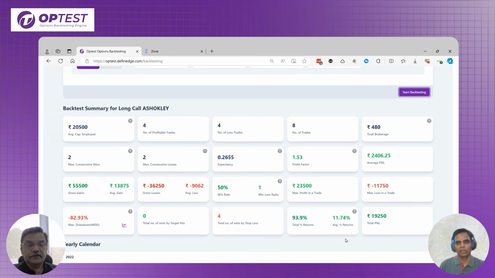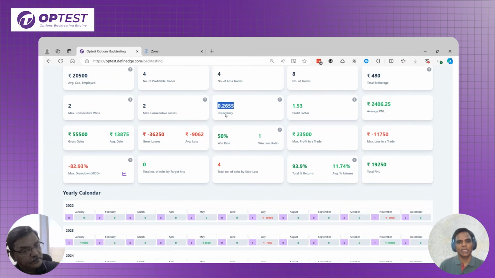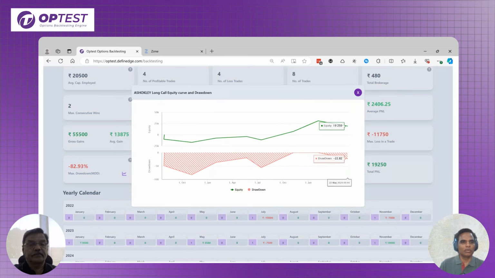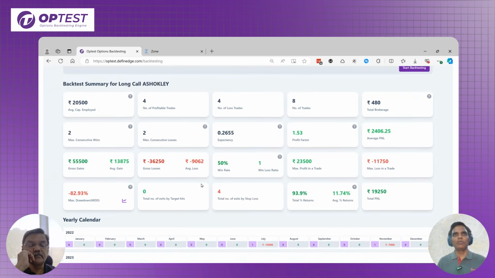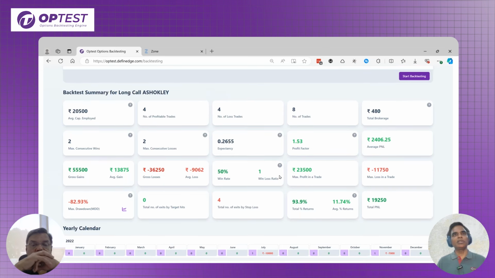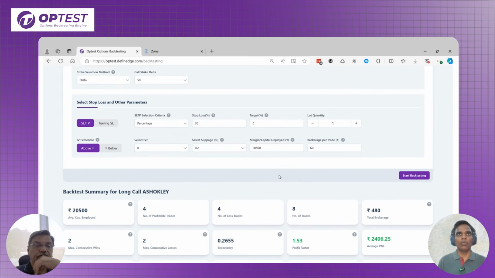Expectancy is positive. Of course, these are a very small number of samples, so the max drawdown doesn't make sense in these kinds of trades. There are very few trades. It depends on stock to stock how it behaves, so you have to go through all the stocks and see which one has a certain characteristic before the results.